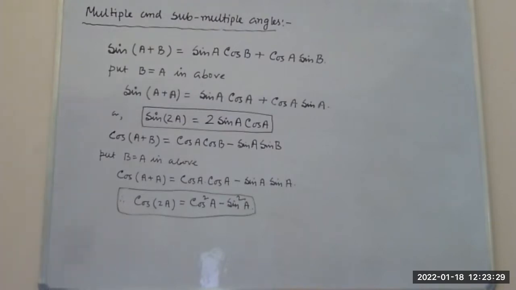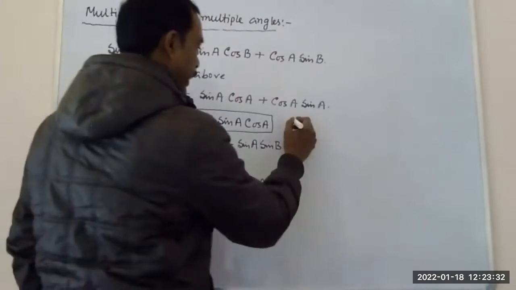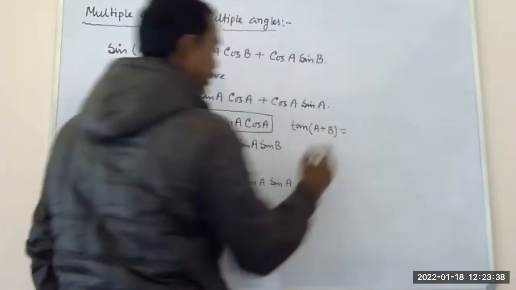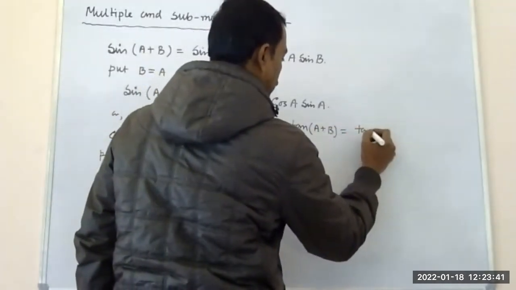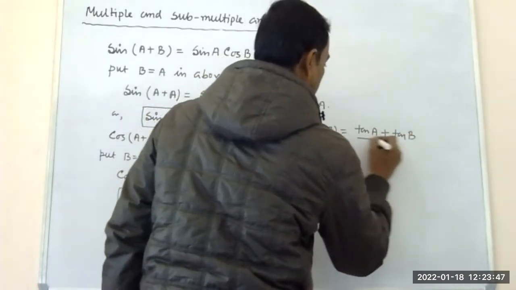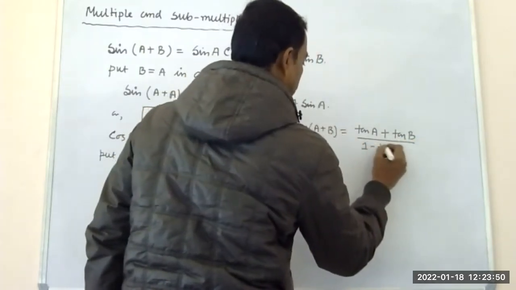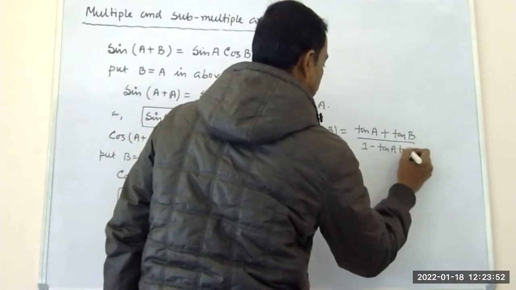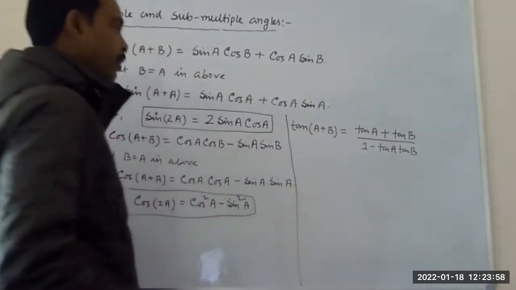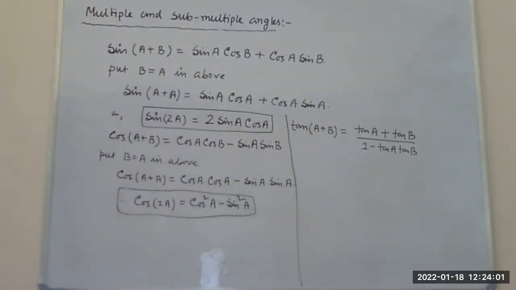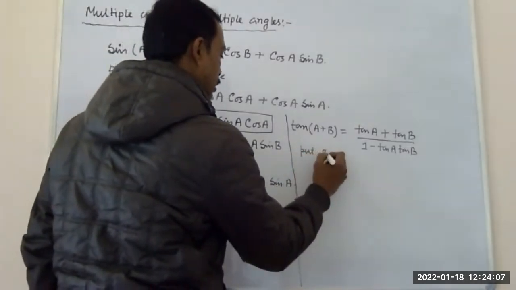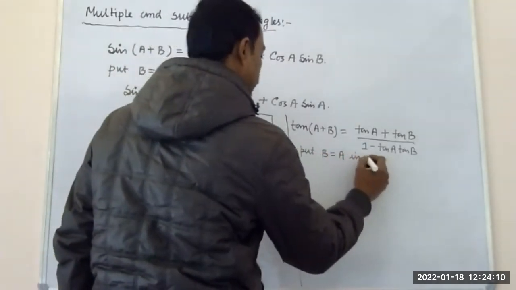Exactly from the tan formula, what is the formula of tan 2a? Then we are coming from tan of a plus b. Tan of a plus b means we know that tan a plus tan b by 1 minus tan a tan b. For the tan also, tan of a plus b is equal to tan a plus tan b by 1 minus tan a tan b. Now put b equal to a in the above.